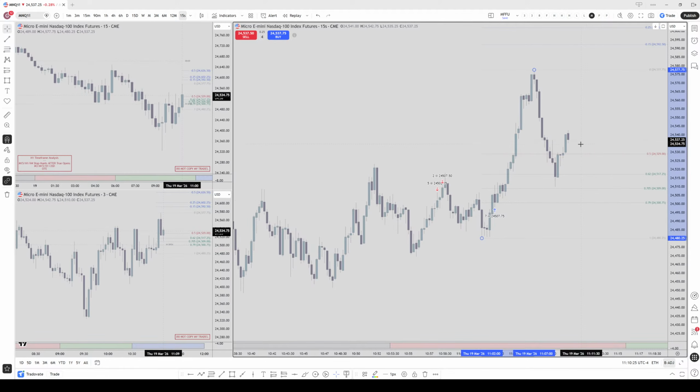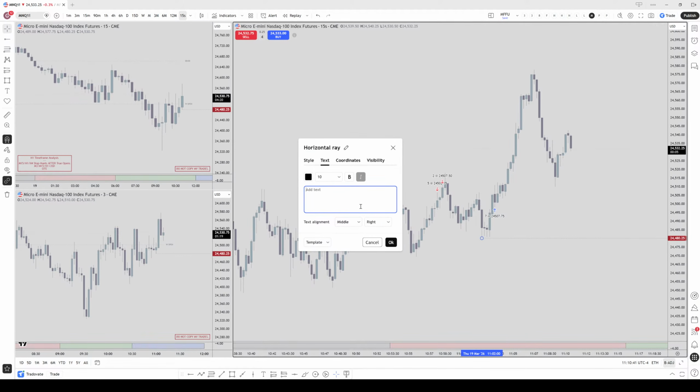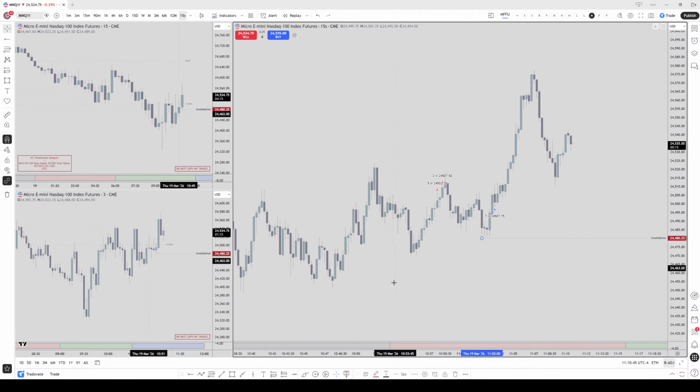I'm gonna see if we get some form of stop hunts in the middle, from here to whatever high that it forms. This guy right here will be invalidation for higher prices. Targets will be up here, London's high, basically midnight open. We're gonna see if we can get there.